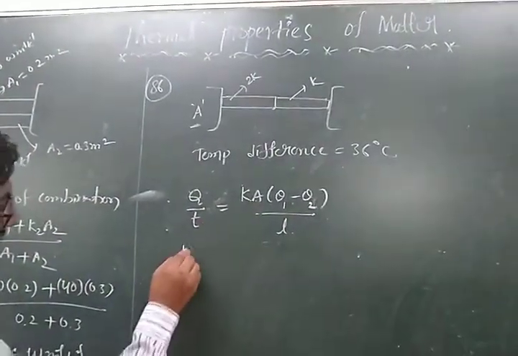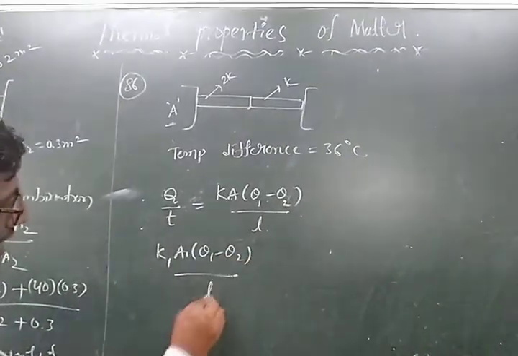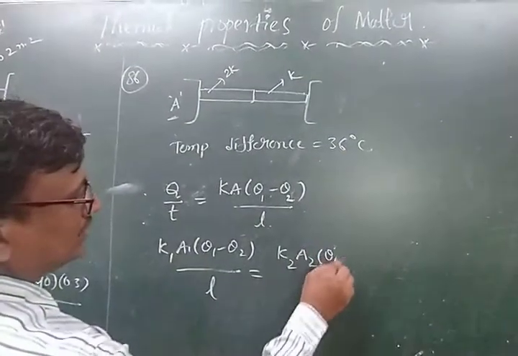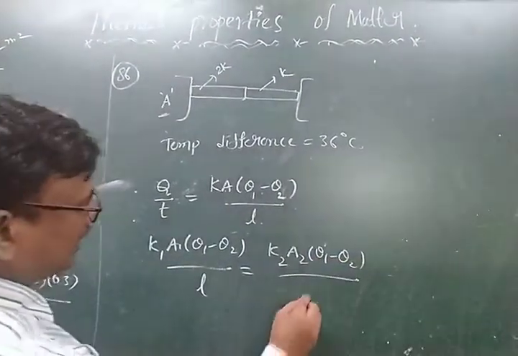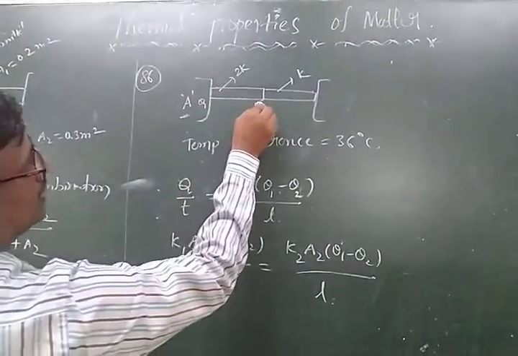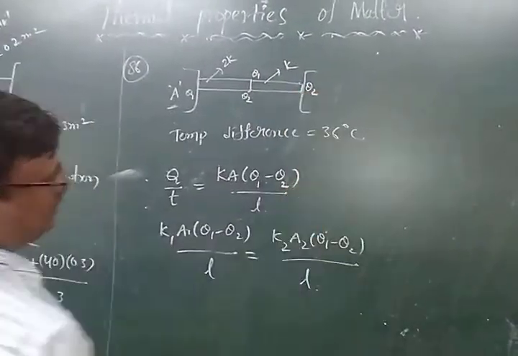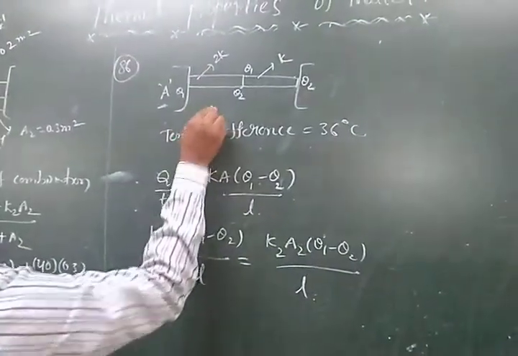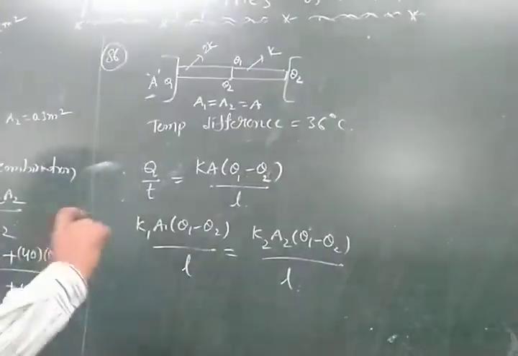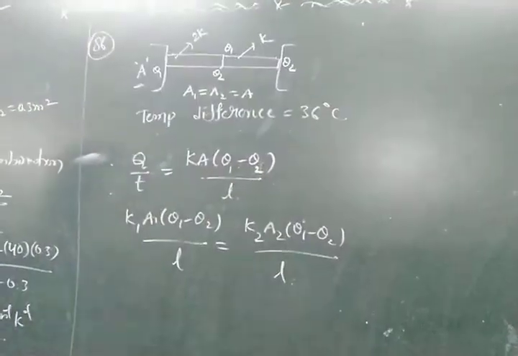Here K1 A1 (theta 1 minus theta 2) by length L is equal to K2 A2 into (theta 1 minus theta 2) by length L. This is the condition. The area of cross section will be the same, A1 equals A2 equals A, because they are connected one after another, and this is called a series combination.